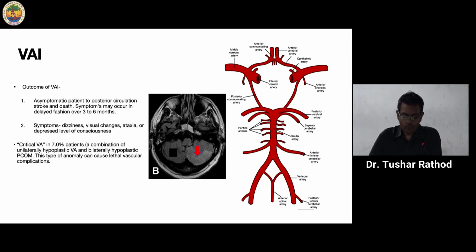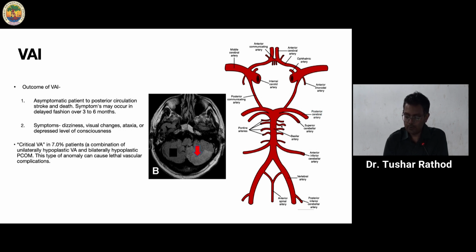So what is the outcome? Any person who is operating will first think, what will happen to my patient? And the outcome is very variable. You may have a completely asymptomatic patient with no postoperative deterioration, or a patient who will have a posterior circulation stroke, including death. This depends entirely on the competency of the circle of Willis.